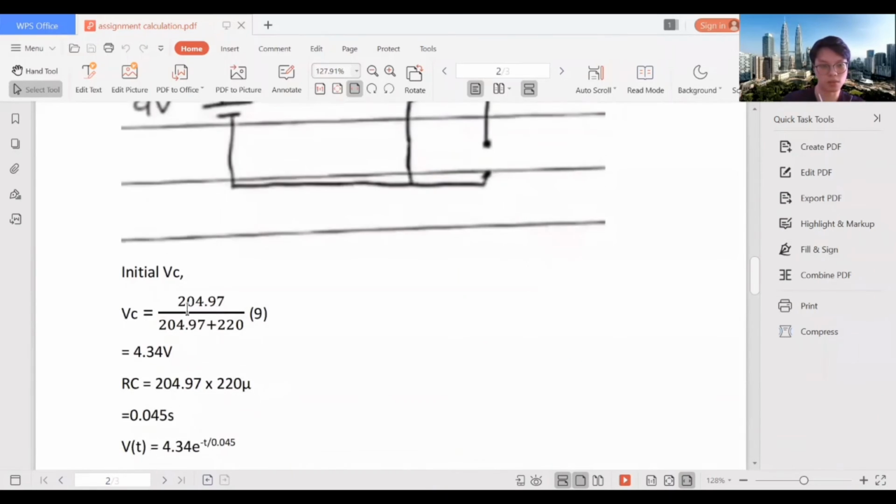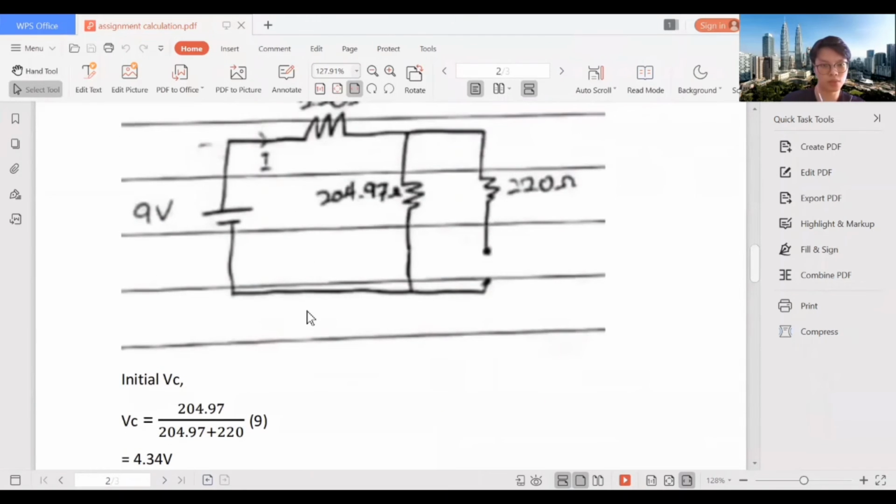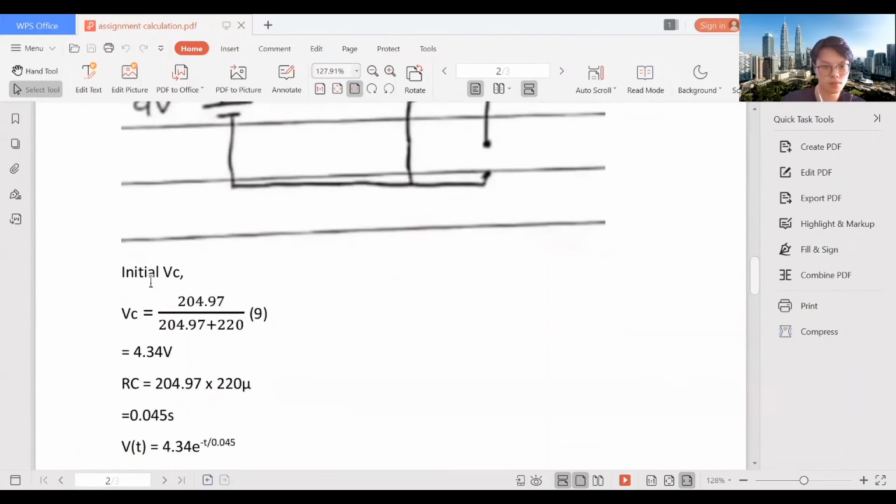So we can use the voltage divider formula: 204.97 divided by the total resistance, 204.97 plus 220, times the total voltage, which is 9 volts. So we get the voltage of the capacitor is 4.34 volts.